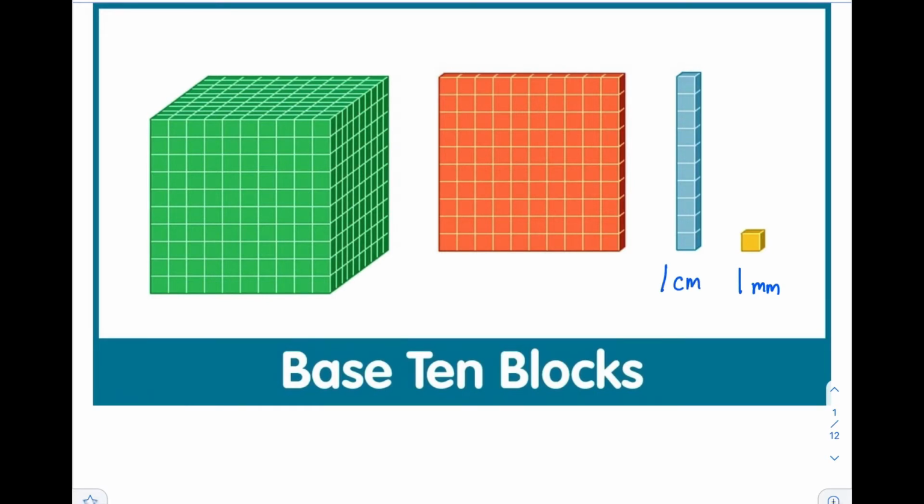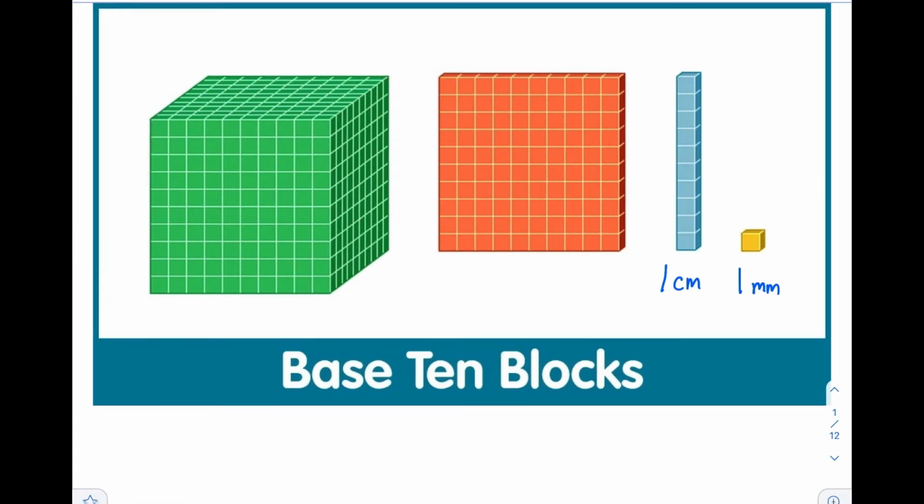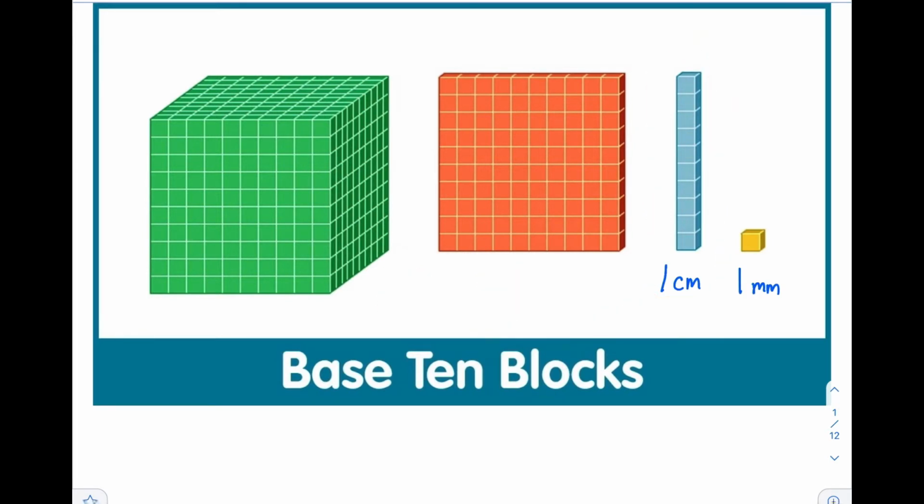We're going to skip the orange hundreds block for a second, and jump over to the large thousands block here. It would take 100 of these rods to make one of the thousands blocks. So in our measurement unit, we learned that 100 centimeters makes 1 meter.